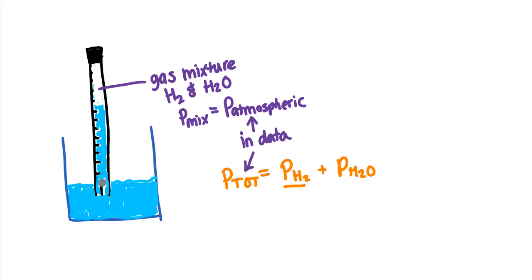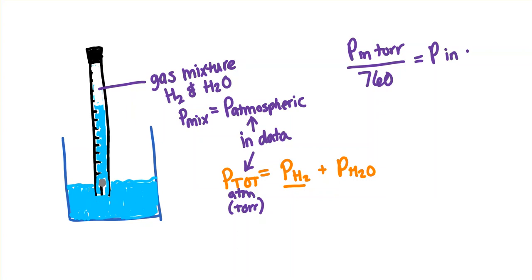By the way, it's in torr, which is a different unit. Torr is the same thing as millimeters of mercury. As far as converting to atmospheres, if you have pressure in torr, you divide by 760 to get to pressure in atmospheres.